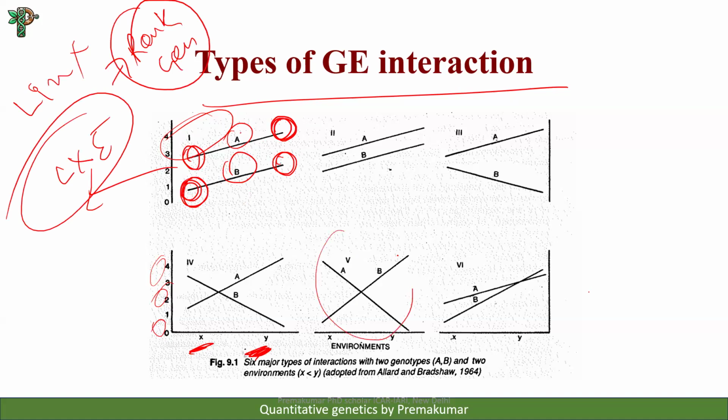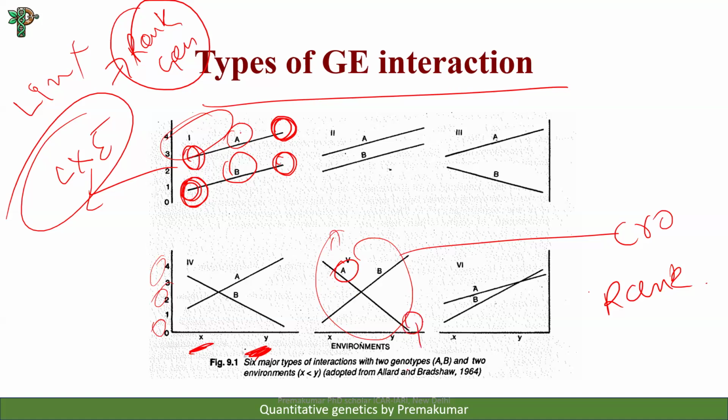But you can see here, this is called crossover G into E interaction. Here the rank of the genotypes is changing. A in X environment is giving very nice performance and in Y environment very bad. But B in X environment is very bad, while in Y environment it is very high. This is called crossover GE interaction, where the rank of the genotypes changes. Here both are giving equal performance, and here both are opposite.